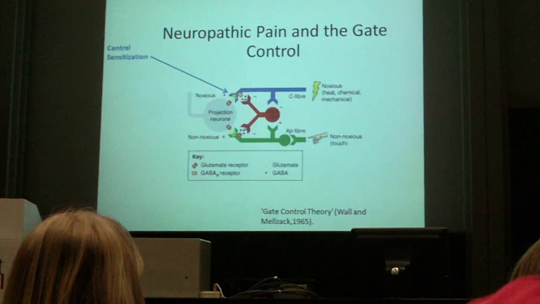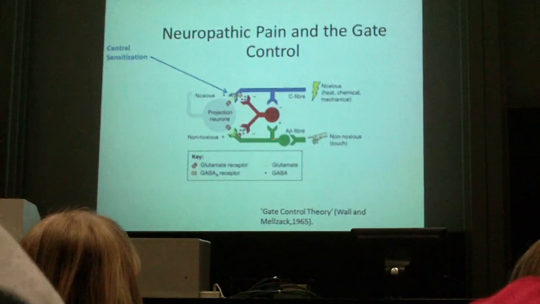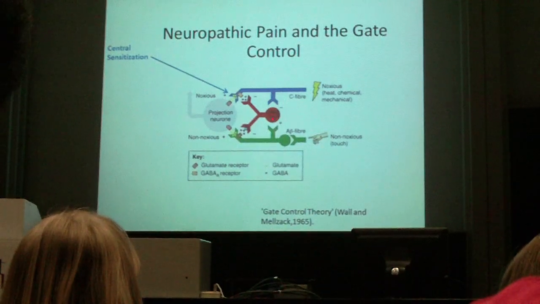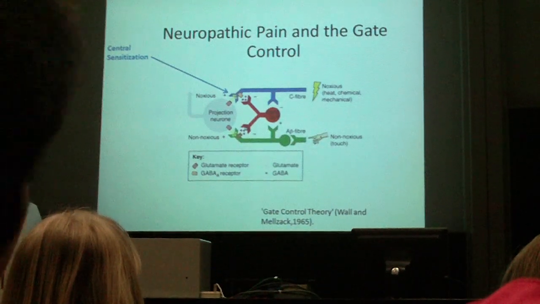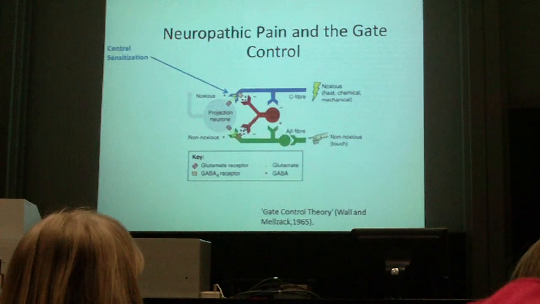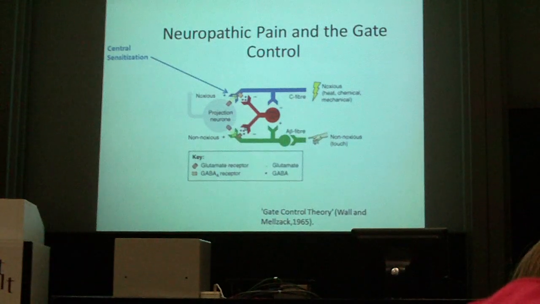Here you have these thick fibers, and here you have the thin fibers. And these thick fibers project on GABAergic cells, as well as the C fibers. And a huge amount of these GABAergic cells are located in layer 2, layer 3 of the dorsal horn.